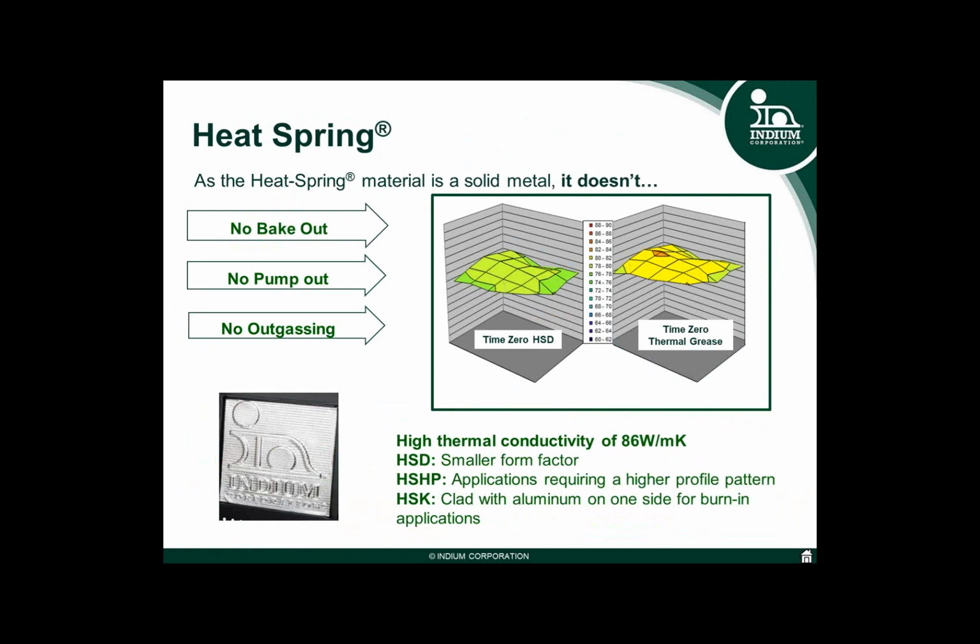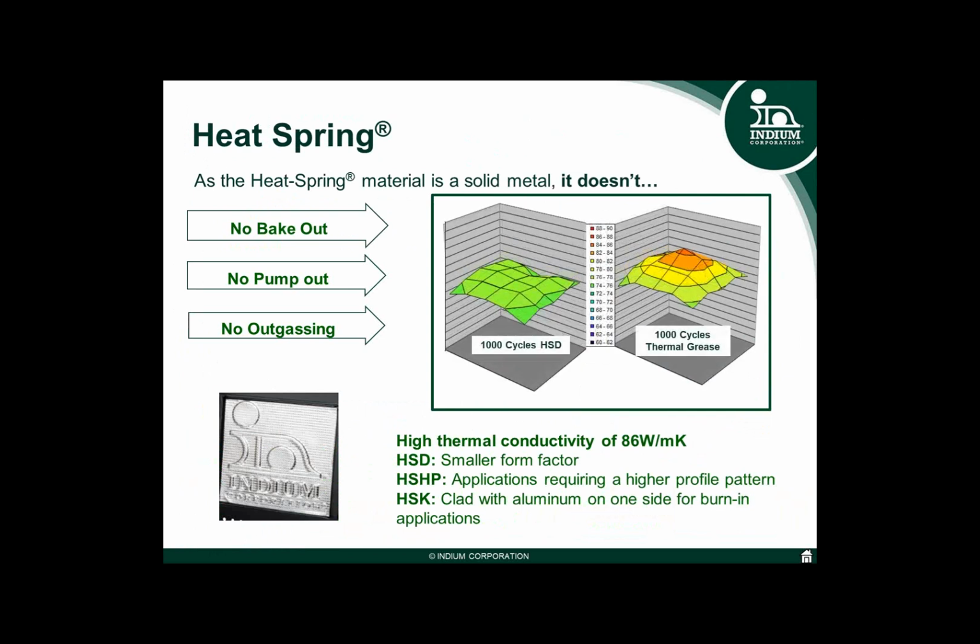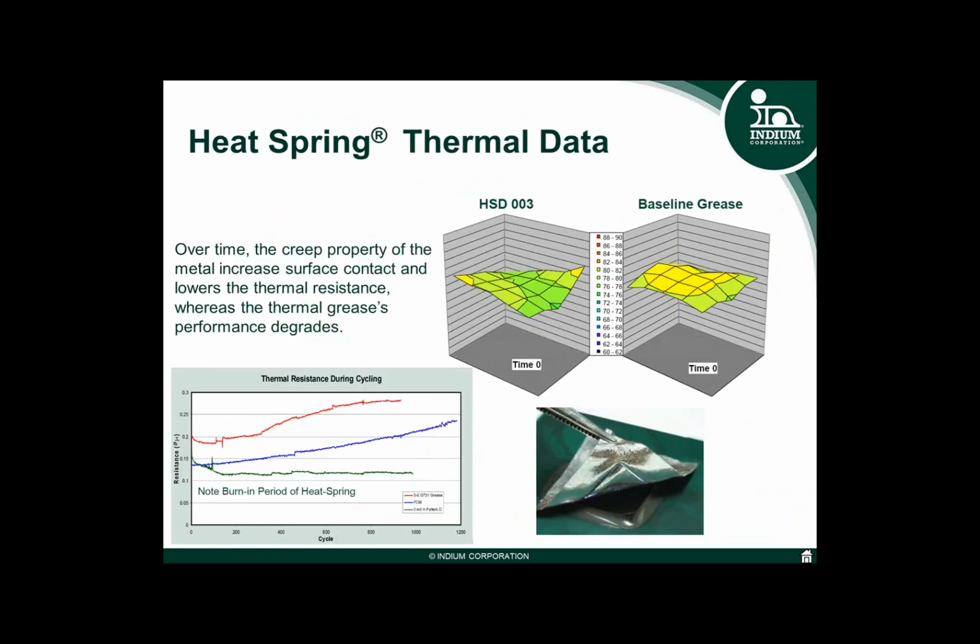If we watch the graphs, you'll see a subtle change, moving from a time zero plot right now through to 1,000 cycles here. You can see the change is happening. The energy that's been given by the thermal cycle has actually improved the areas of contact of the indium, and you can see we're getting a lower temperature after that initial burn-in cycle.